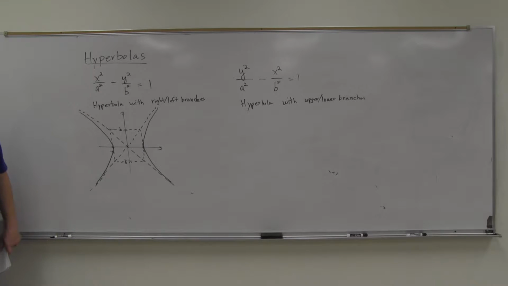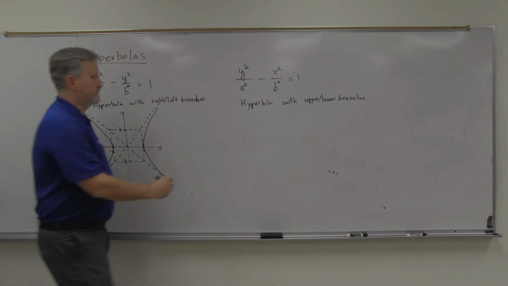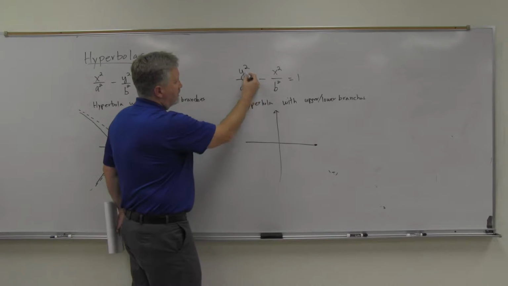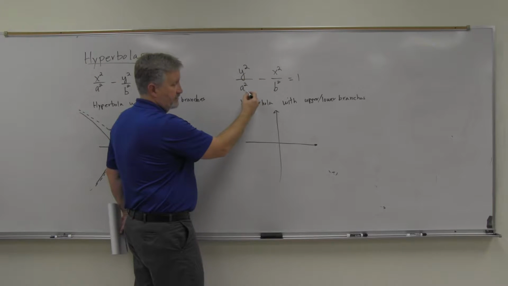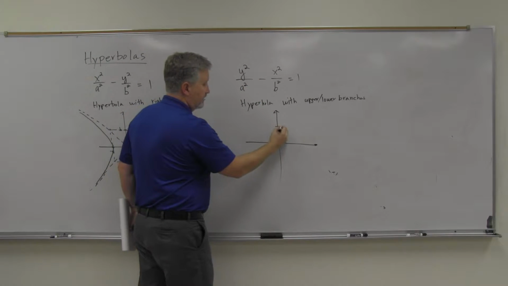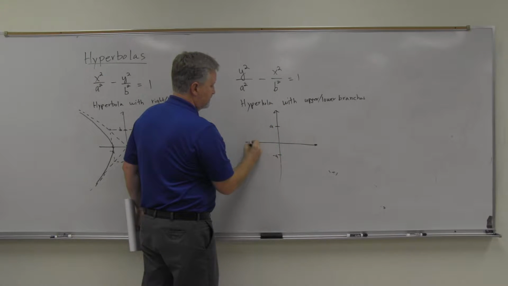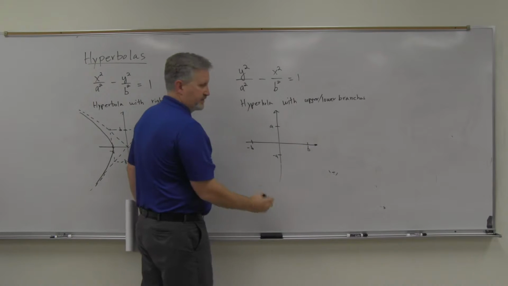And, yeah. Same thing over here, except it's upper and lower branches. Now be careful, y squared over a squared, this one's the y, so I'd go a here, negative a here, and then the b, it could be longer, it just depends on the numbers, which one's bigger.